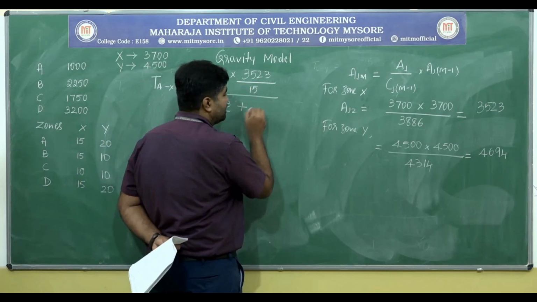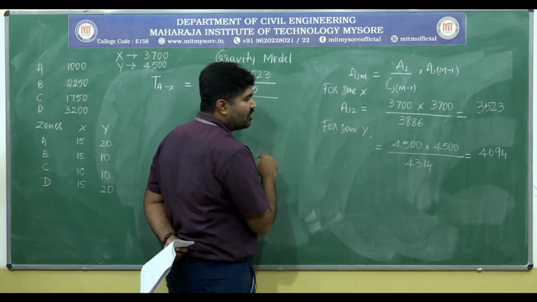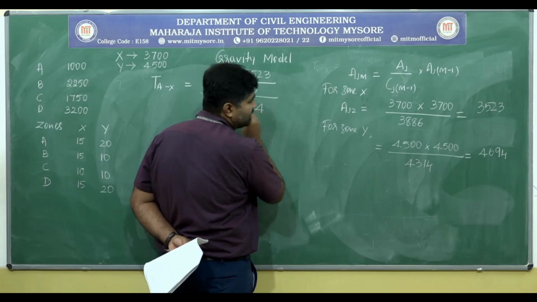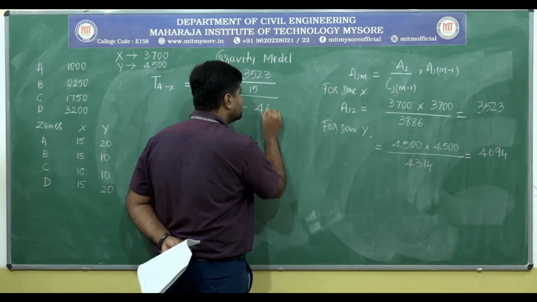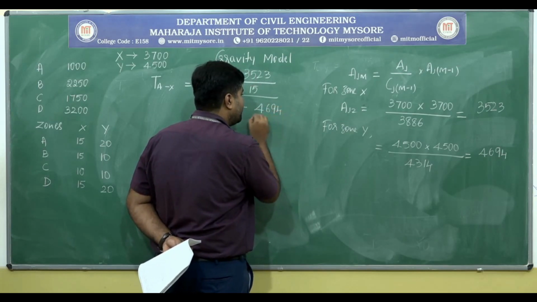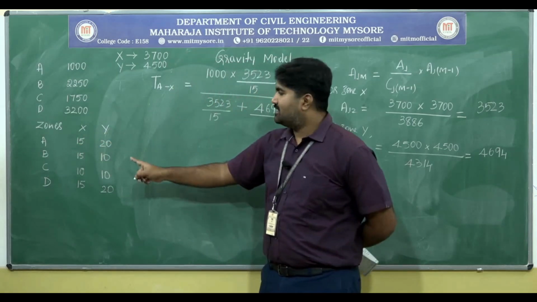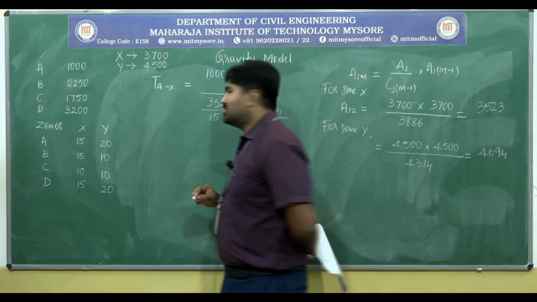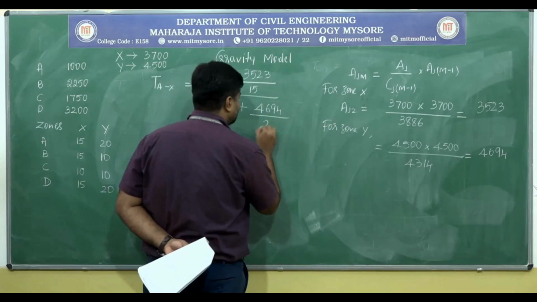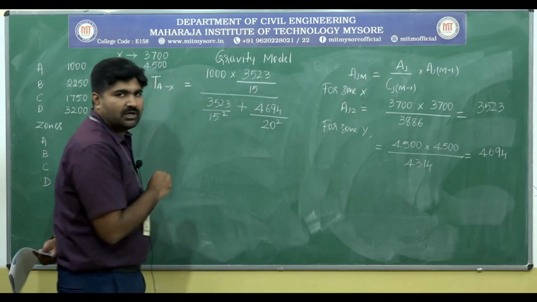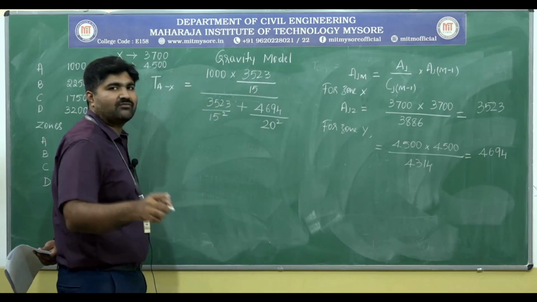Y, the total number of trips attracted to zone Y. Now the calculated value we have to take, that is 4694, divided by the time taken to travel from A to Y, it is 20 minutes. We know the n value is 2, inversely proportional to the square of journey times.